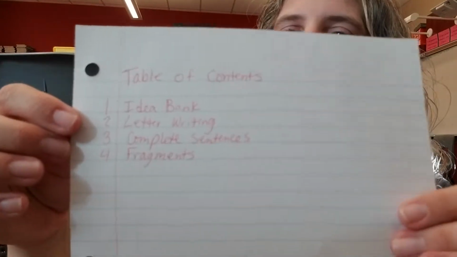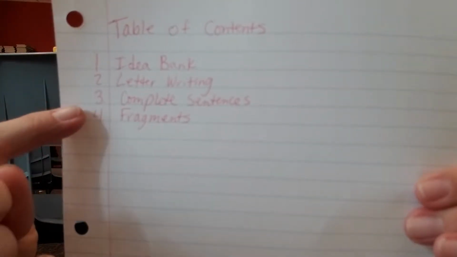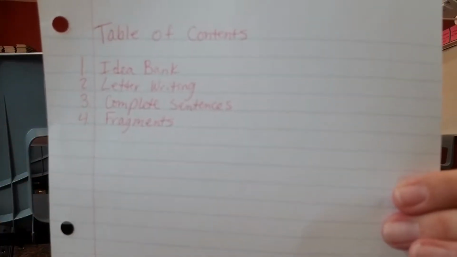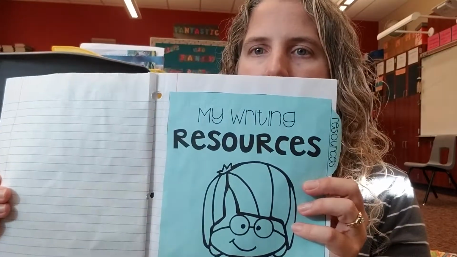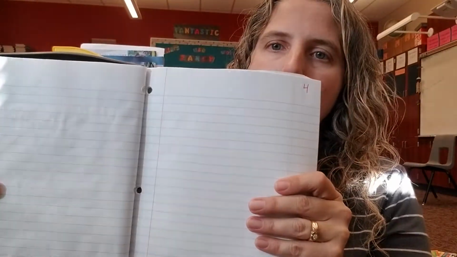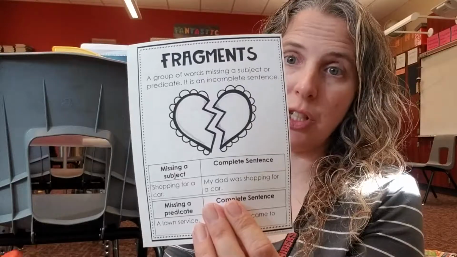I want you to add this to your table of contents. Number 4 is fragments. Pause that if you need longer to write it. And then go to page 4. It should be in your writing resources. Page 4. You're going to glue that same page I just showed you in pink.